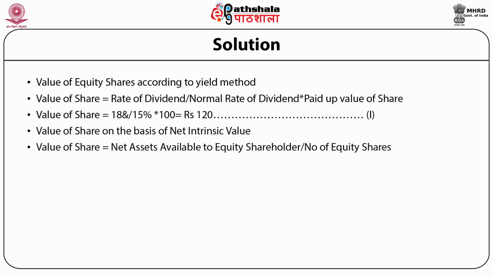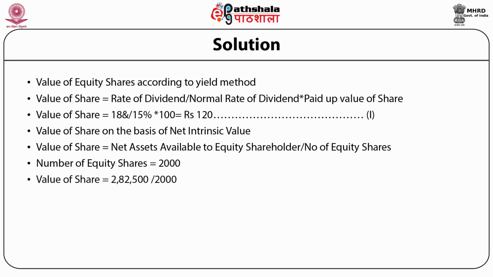Value of share is equal to net assets available to equity shareholders divided by number of equity shares. So number of equity shares are 2000 and value of shares is rupees 2,82,500 divided by 2000, and value of share comes at rupees 141.25.